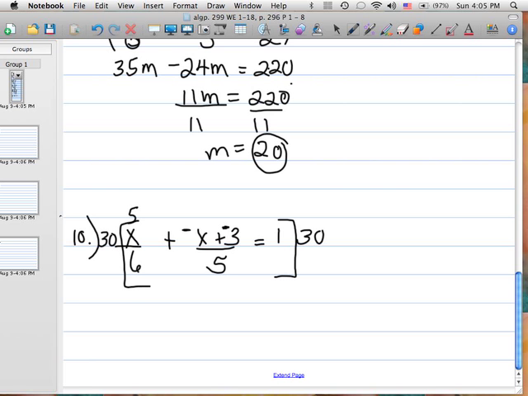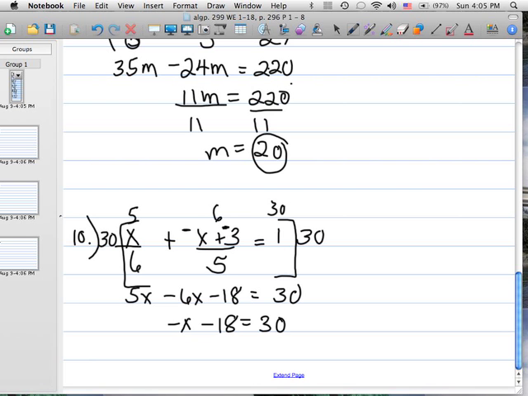Six goes into 30 5 times, so that gives us 5x. 5 goes into 30 6 times, negative x is negative 6x. 6 times negative 3 is negative 18. And 1 times 30 is 30.